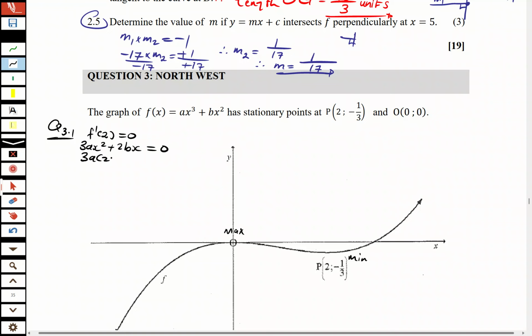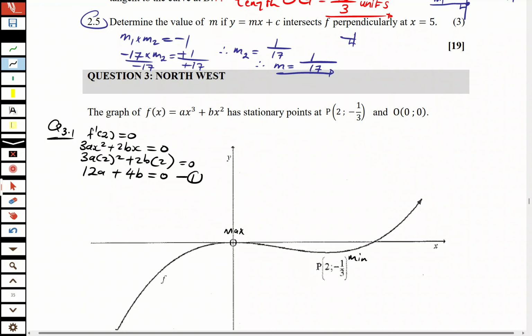So you'll have 3a into 2 squared plus 2b into 2, and then this has to be 0. Now 2 squared is 4, times 3 is 12. So you have 12a plus 4b equals 0, and you can term this equation 1.